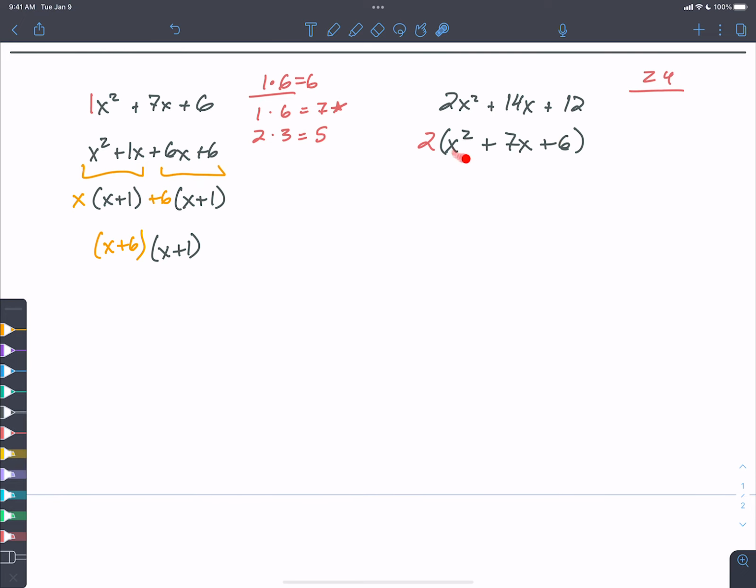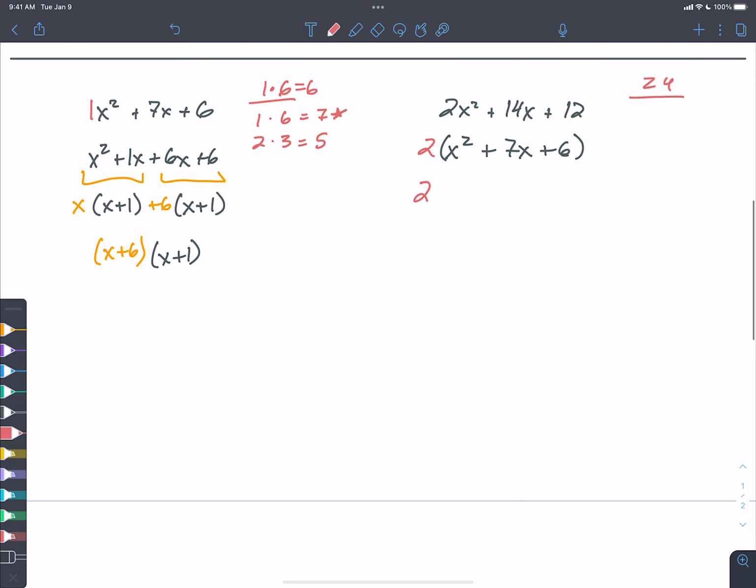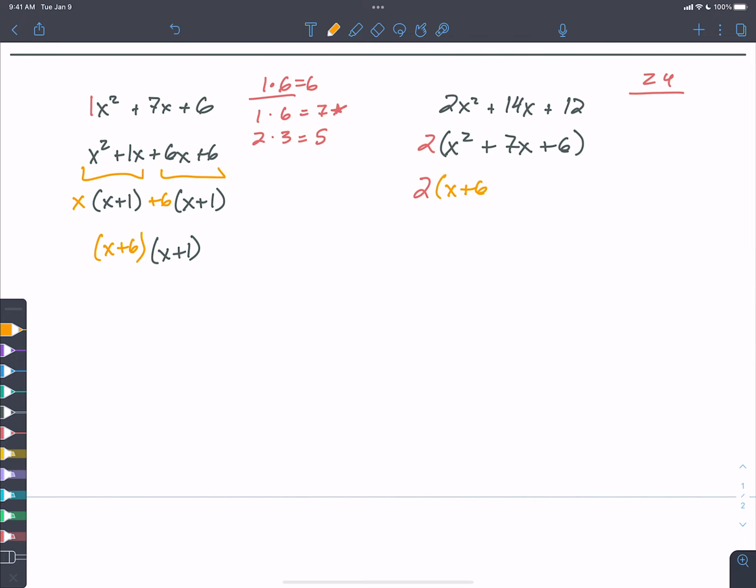I've got a nicer, easier trinomial to factor, and I actually already did it over here. So we know that this comes out to x plus 6 and x plus 1. It's nice and easy to factor this, and we can do that in our head, where the other might be a little more difficult.